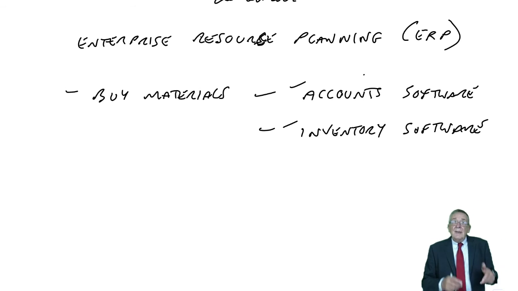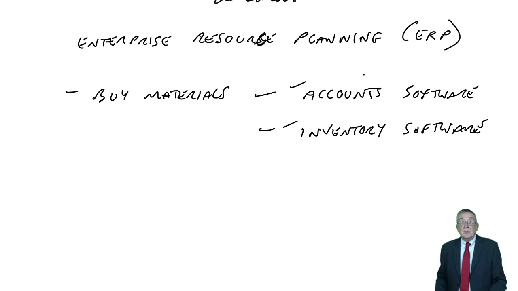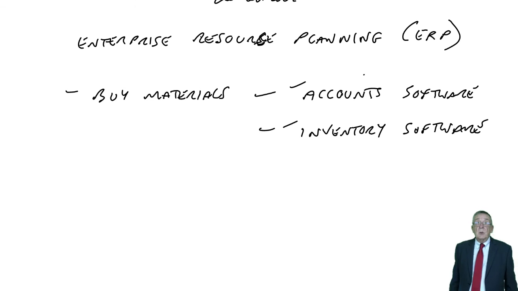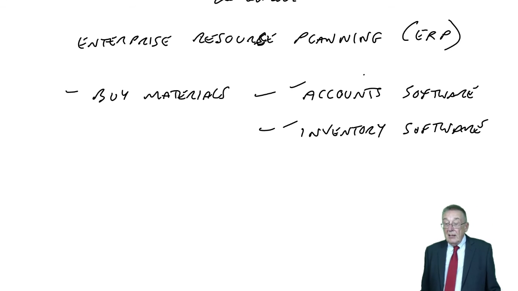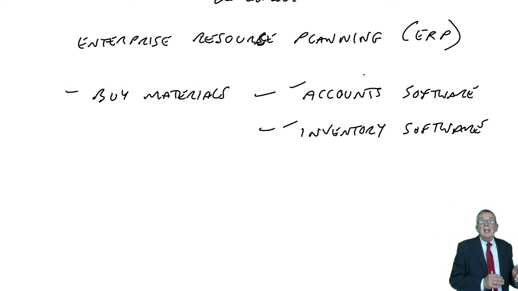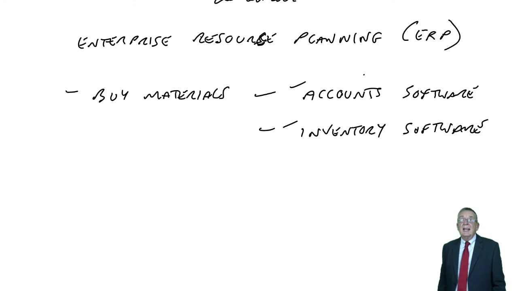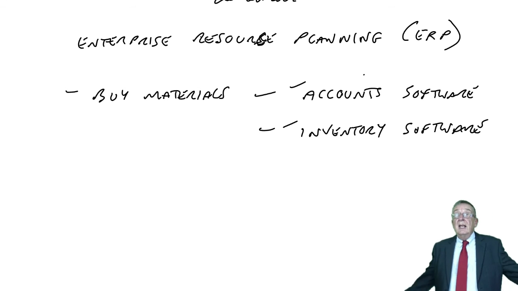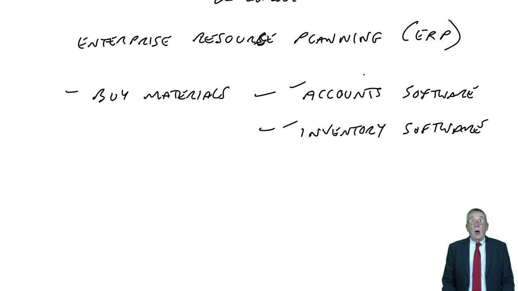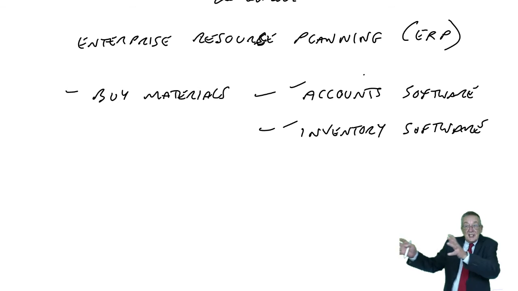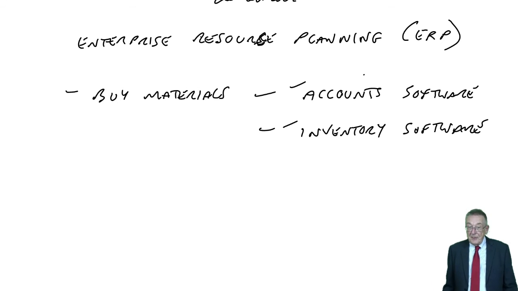They enter the relevant figures for accounts, and it goes through the network. It's all interlinked. Which I hope you agree makes sense. You know, in the very early days, each department would have its own separate software. These days, it's one huge program containing all the little bits.